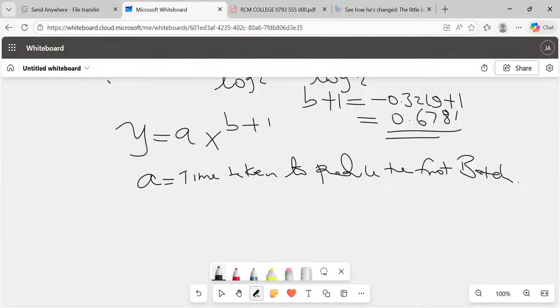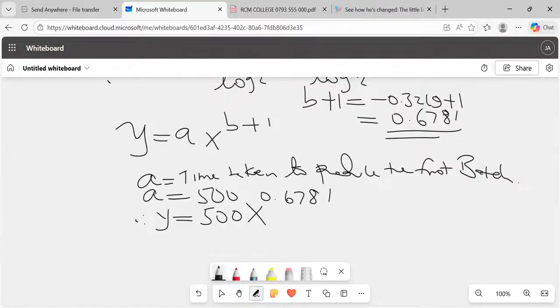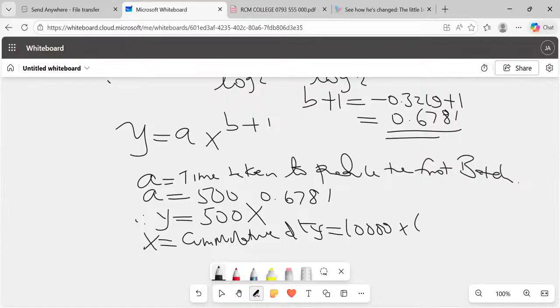The labor requirement for the first batch in month 1 will be what here, somebody? Are you able to see that A for the first batch is 500? Therefore, our Y will be equal to 500 x raised to 0.6781. And remember, X is cumulative quantity, which in this case will be 10,000 per month for 6 months.